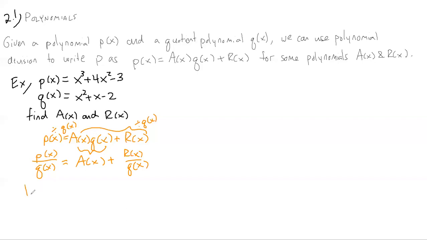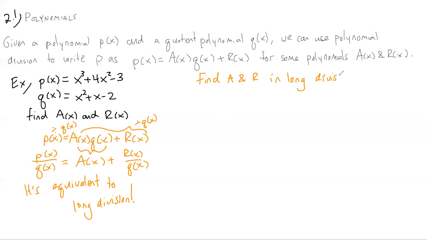It's equivalent to long division. So that's what we're going to do. We're going to find the A and the R in long division of P over Q.